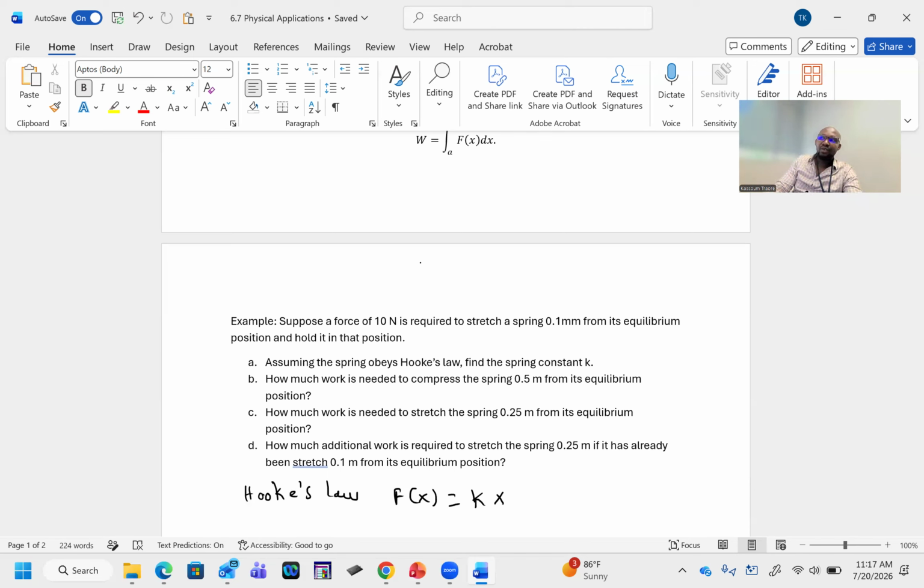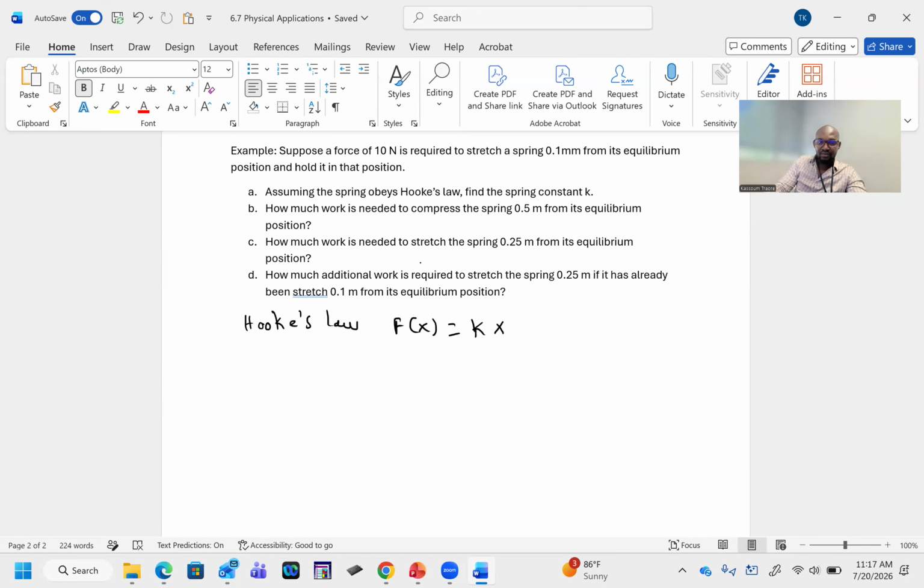In other words, the force required to displace the spring is always in the direction of the displacement. So if x is positive, then the force is positive. If x is negative, then the force is negative, okay? So let's go ahead now and start solving our problem. Solution.